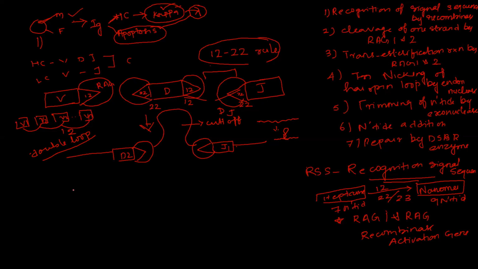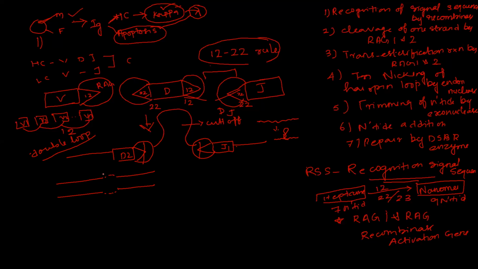Now, let's consider this is a double-stranded DNA and the whole thing is happening in between. And once this loop has been cut out, you just have a small thing which will be present here. Okay, a small region alone will be present. A part of the RAG gene will be present.